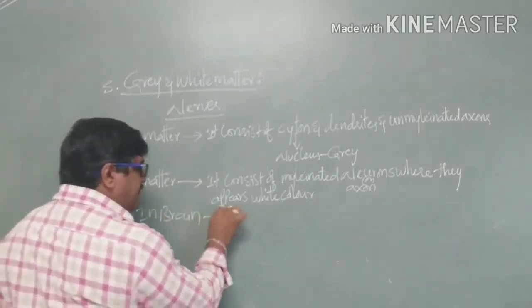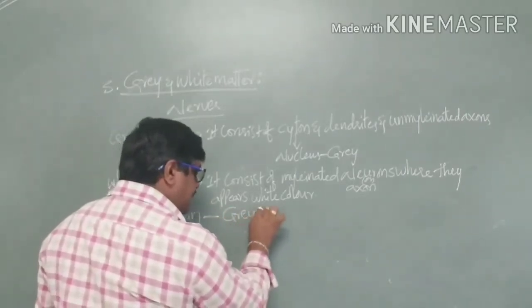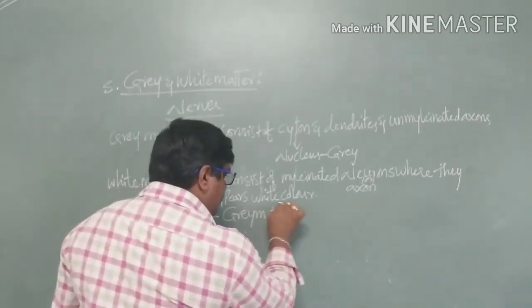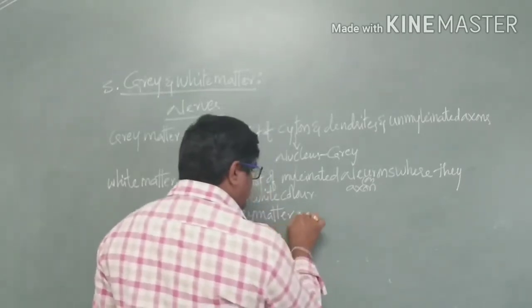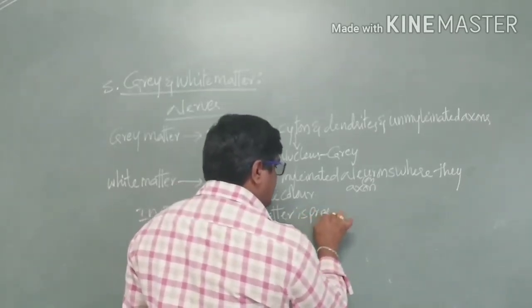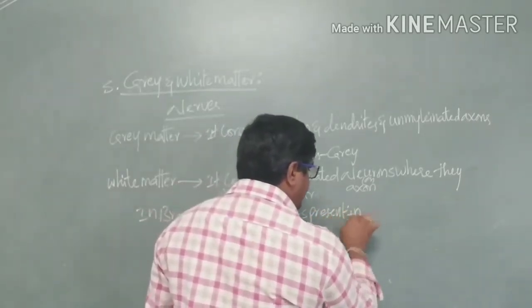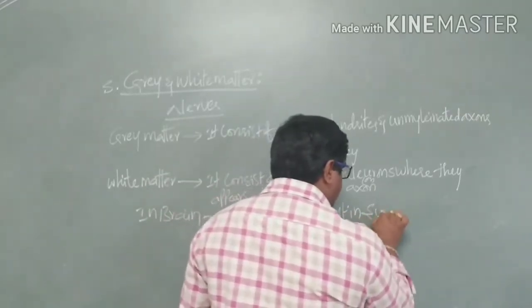Here the gray matter is present in the surface area, the outer surface, and the white matter is present in the inner surface. So here in the brain, the gray matter is present in the surface area.